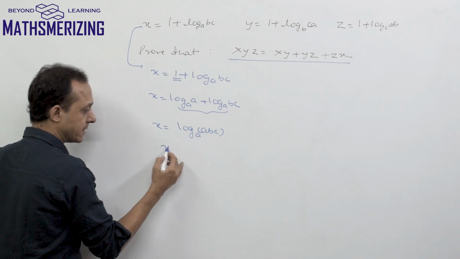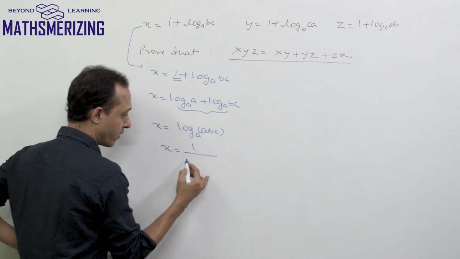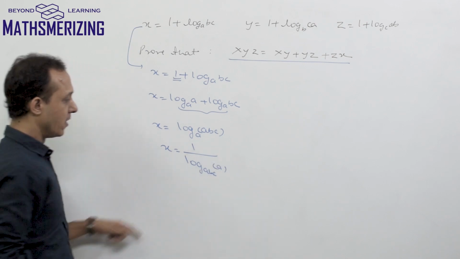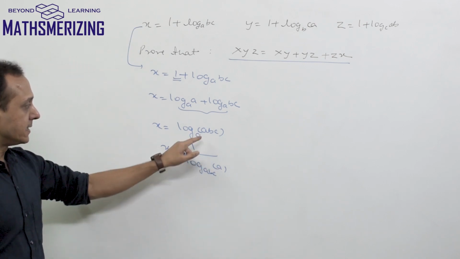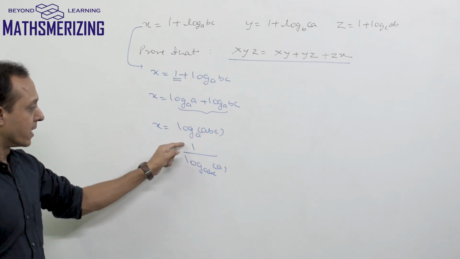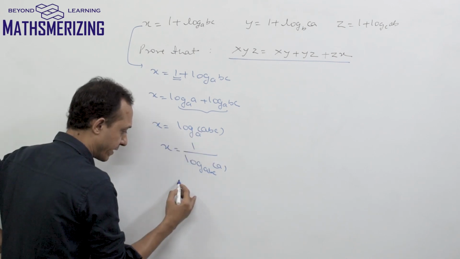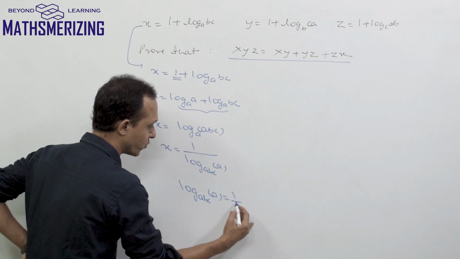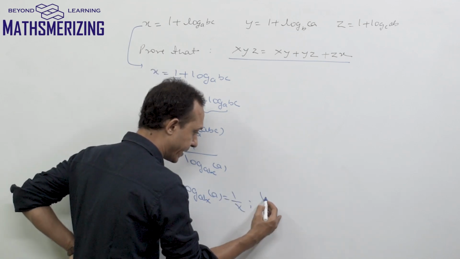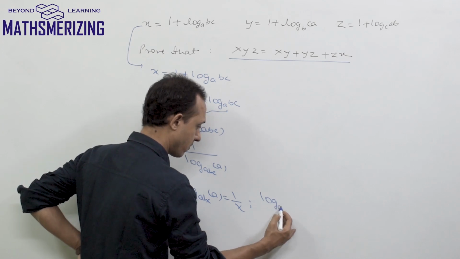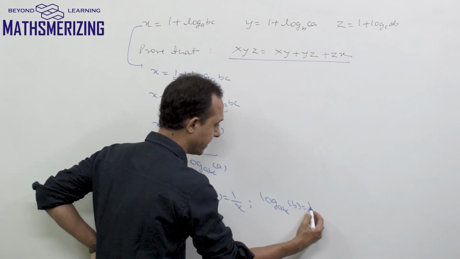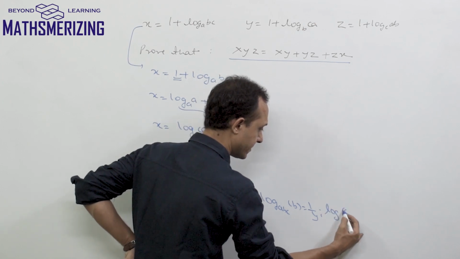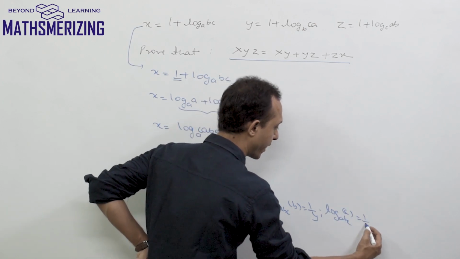Now the base changing property says I can also write it as 1 upon log a to the base abc. So if I interchange these two numbers, it becomes its reciprocal. So I can write log a base abc is 1 upon x. In the same way I can write log b base abc is 1 upon y, and log c base abc is 1 upon z.